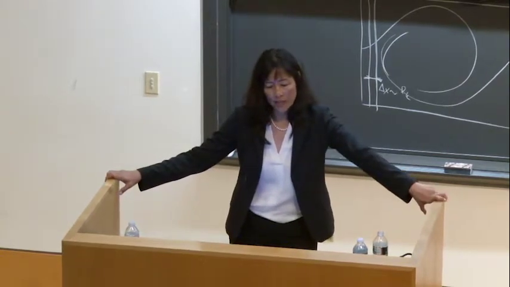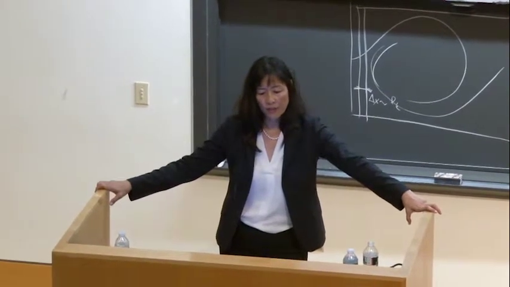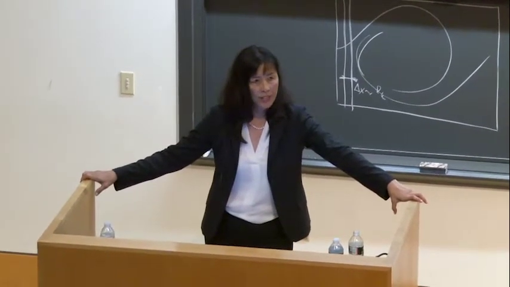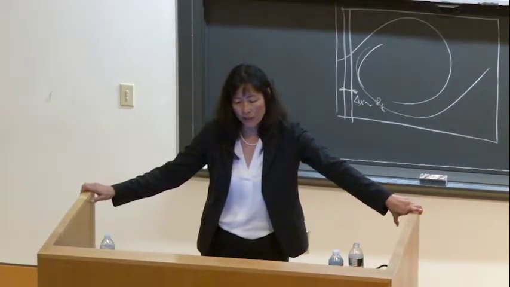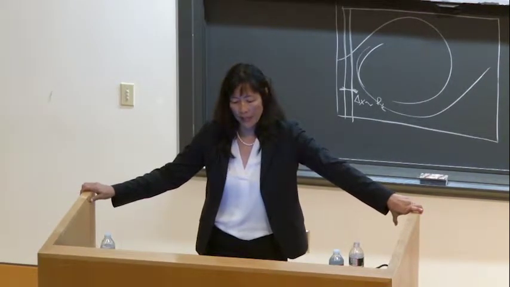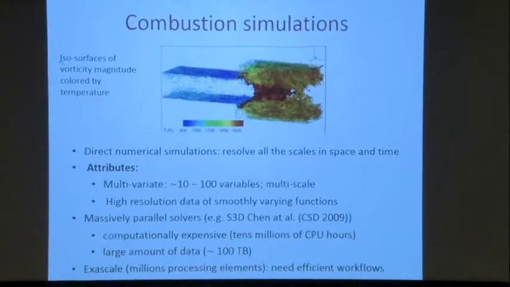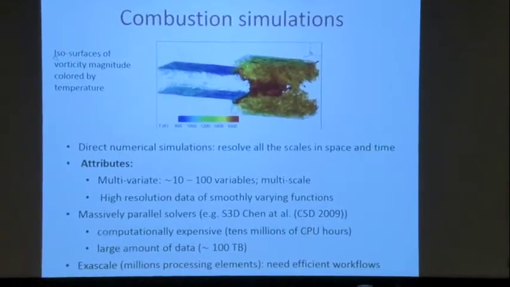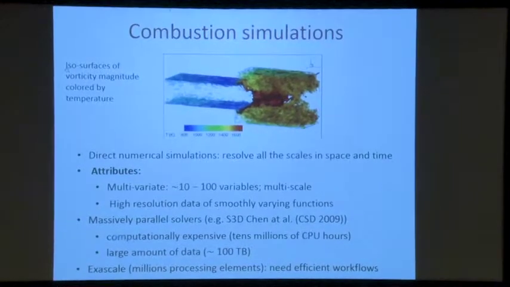The attributes of these calculations are that we're transporting tens to hundreds of variables. It covers several decades in scales, from the turbulence down to the flame scales, ignition scales. And the DNS simulations generate high-resolution data that are well-resolved with smoothly varying functions.